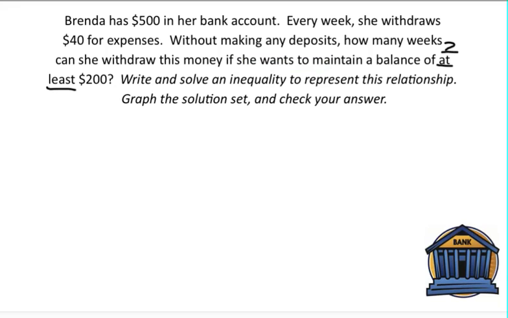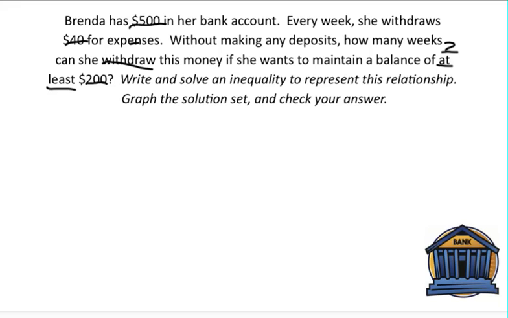We also need to underline numbers that will be needed to solve the problem, like 500, 40, and 200. The last thing we need to underline is the word withdraw, which means that she's taking away money. So the operation that is needed is subtraction.